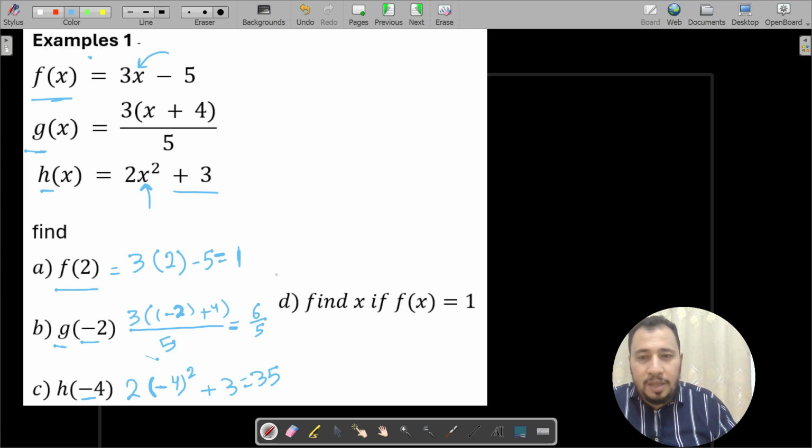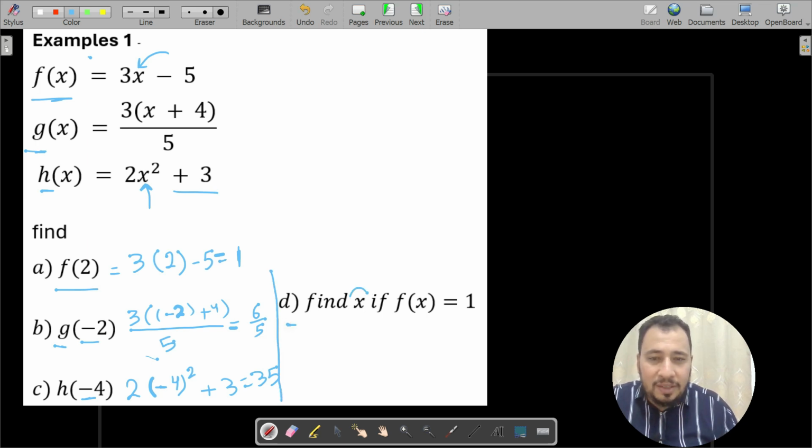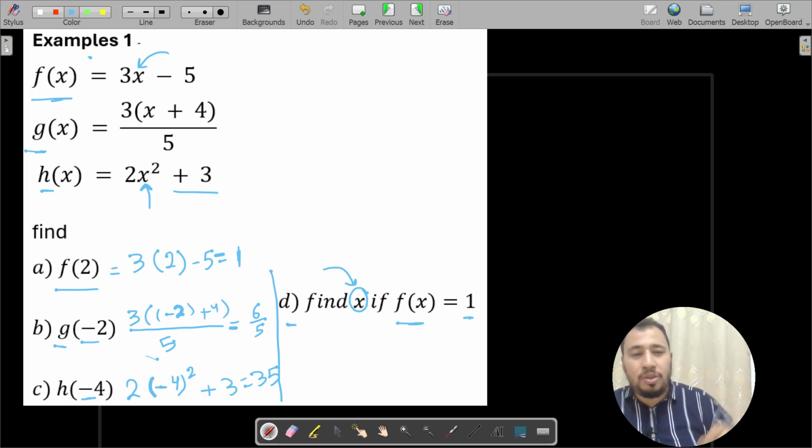Now pay attention to question D, please. Find x. So here he's not asking you to find the value of f of 2 or f of 3 or whatever. No, he's asking you to get the value of x when f of x equals 1. Here again, it's based on substitution. Put this in your brain, please. When it comes to functions, the main idea here is substitution.